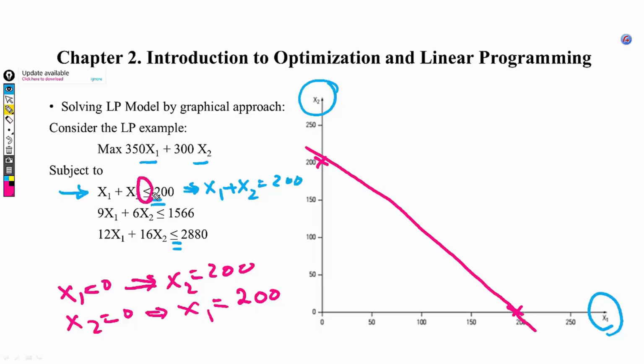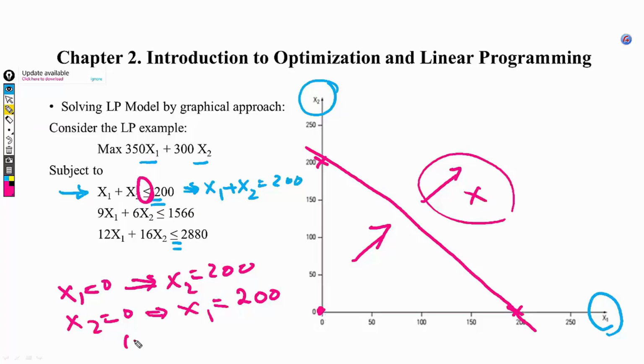This constraint is in the form of less than or equal, so we have to find out whether this area or this area is the one the constraint covers. For this purpose you may test 1 point and then decide. For example, you may test 1 point right here, and if this point is not satisfying, then the feasible area is this one.